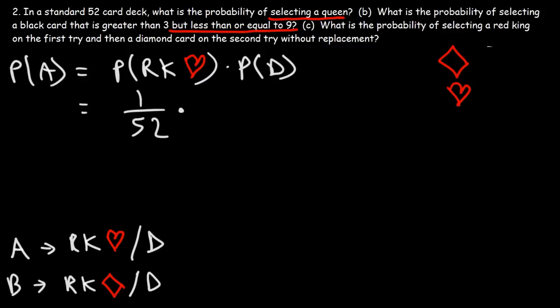Now, to get a diamond card after that, once we take out the red king, there's not going to be 52 cards in the deck, but 51 cards, because this is without replacement. We're not putting the red king of hearts back into the deck. So now we have 51 cards to choose from. 13 of those cards are diamonds. So now let's do the math. 52 is basically 4 times 13.